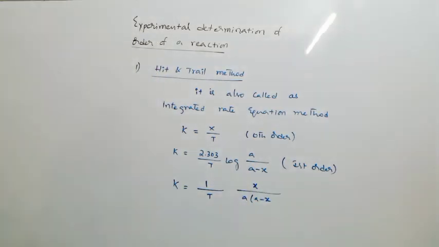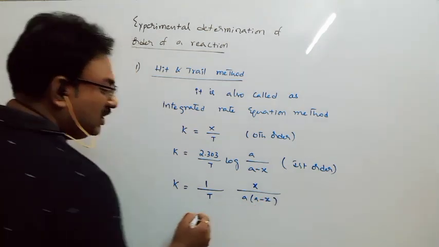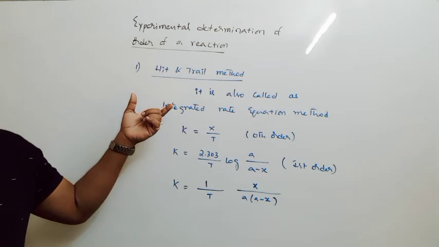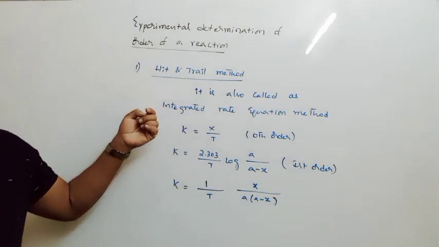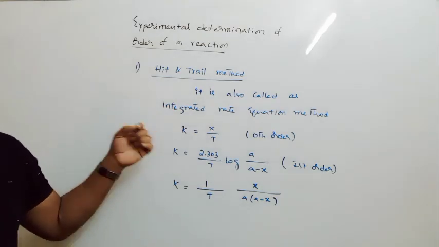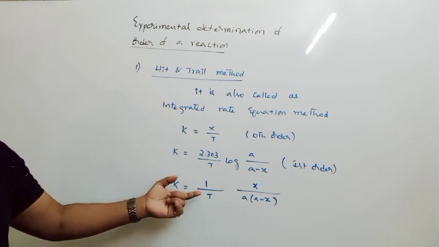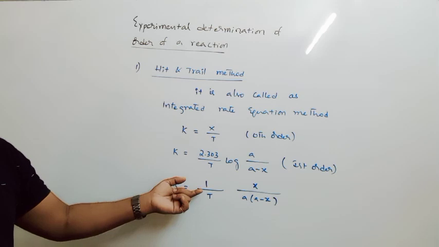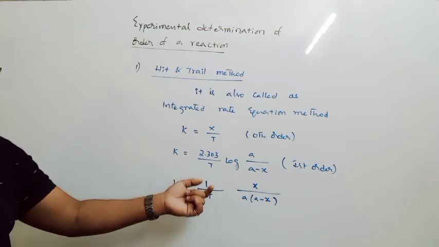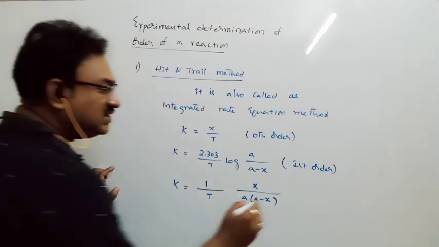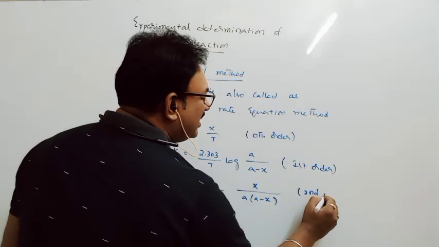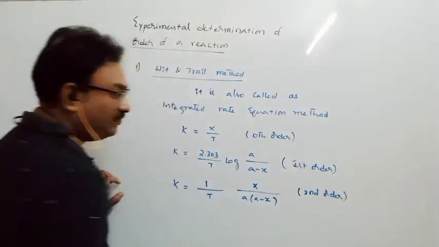The nth order expression you have already studied. If you take 2 in the n place, then you will get this expression: K is equal to 1 by t into x by a into a minus x. This is the integrated rate expression for second order reaction.